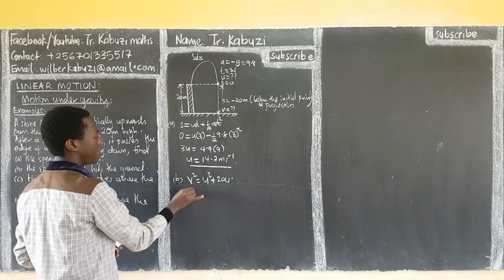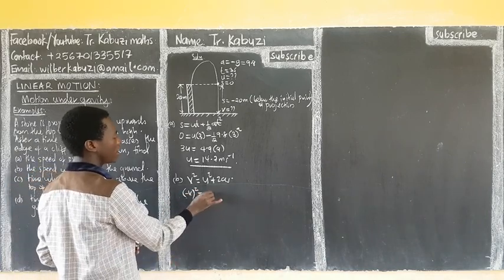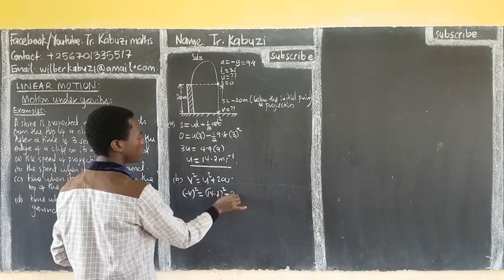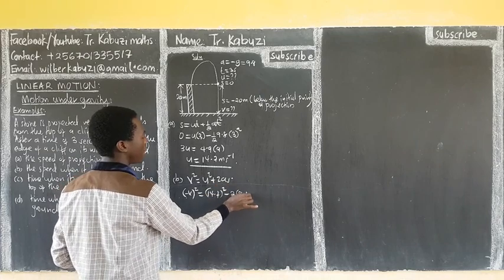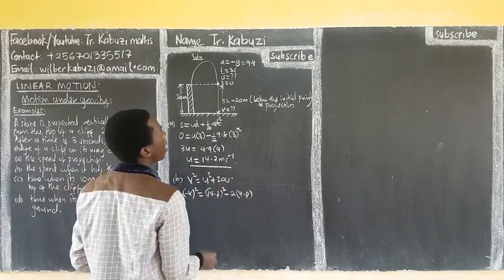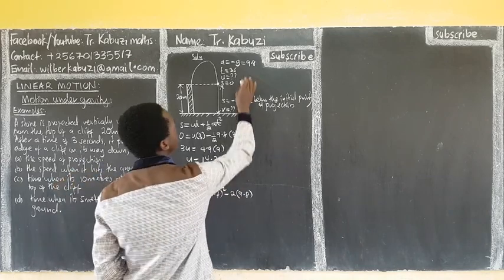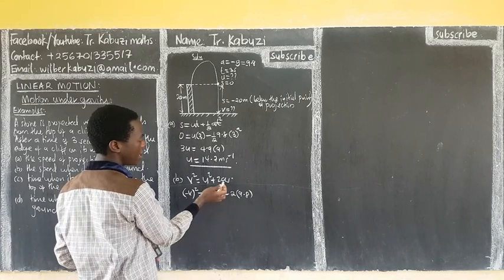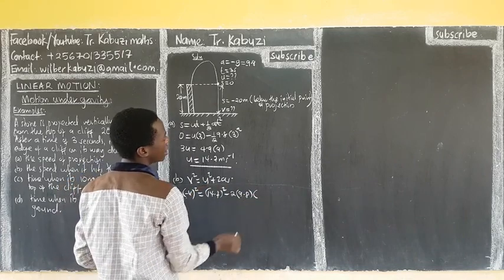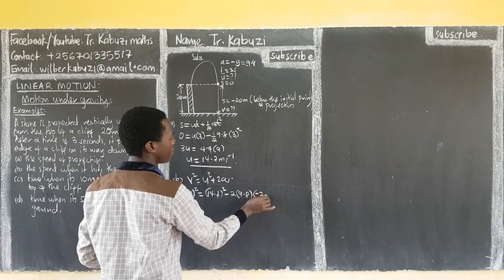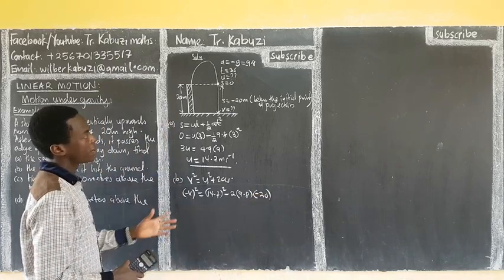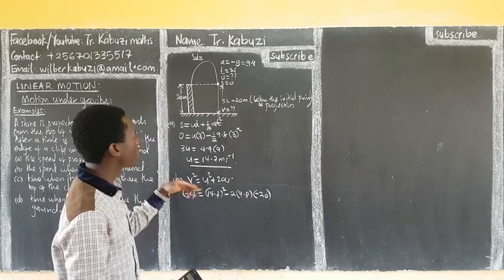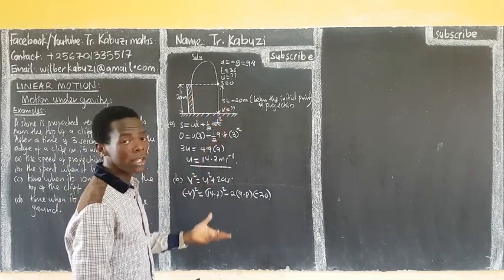So v squared equals u squared, which is 14.7 squared, then minus 2 into 9.8, into s, which is negative. Please put that in mind: the distance is negative 20. Why am I using this? Because we don't have the time from here to here, so I look for the equation which has s, v, and u.